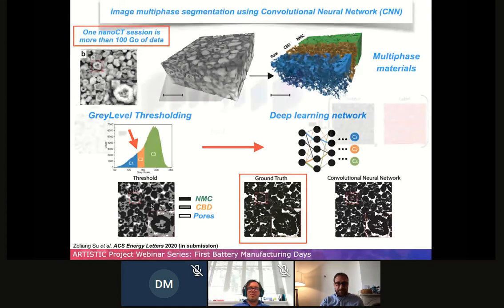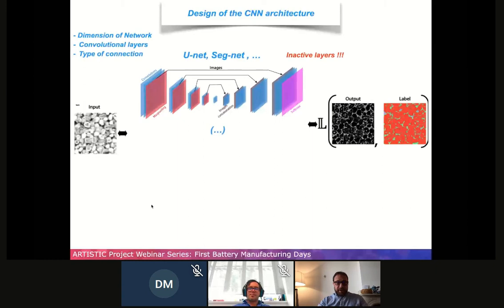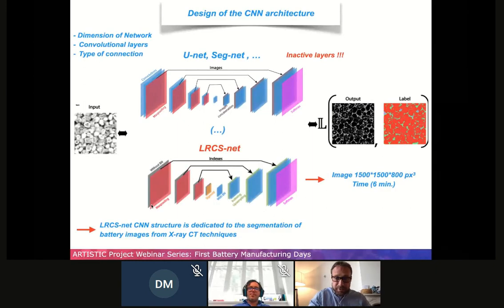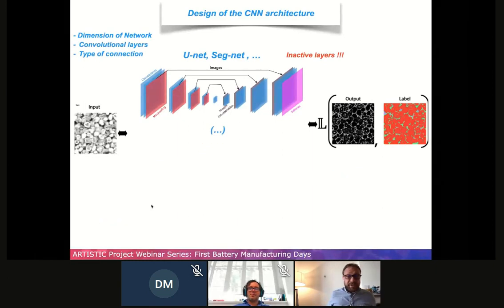So when you start with the CNN architecture, you have to think about the structure of the CNN. So people can use different architectures such as UNet or SegNet. So we tried to first use that. So there is different dimension of the network.